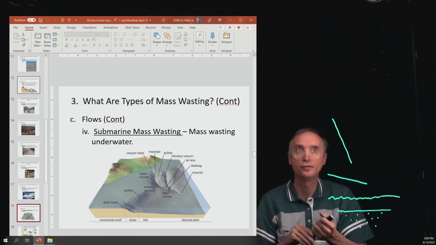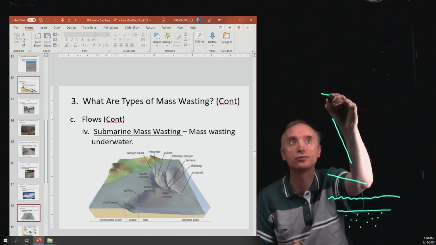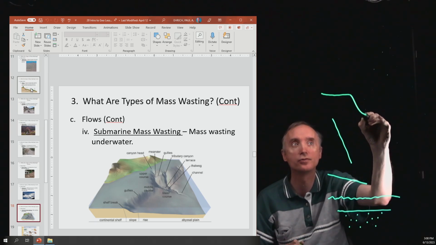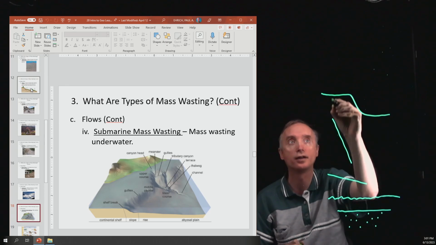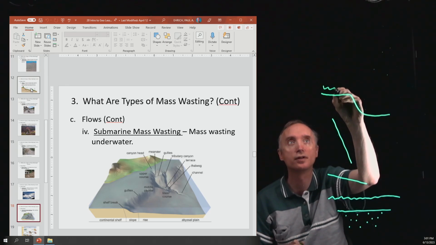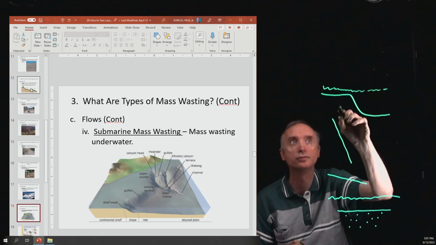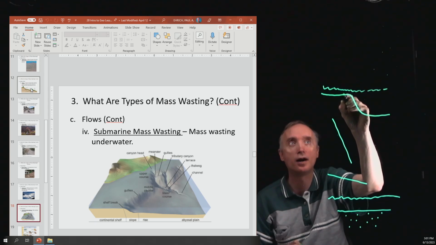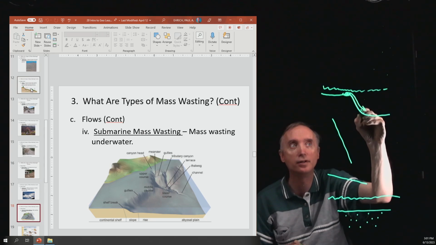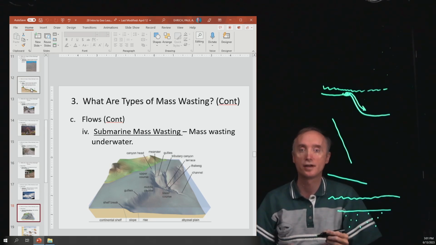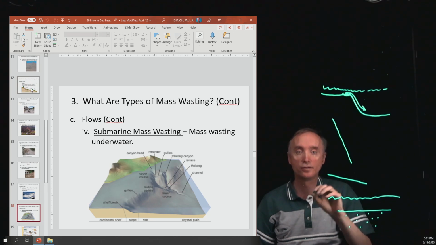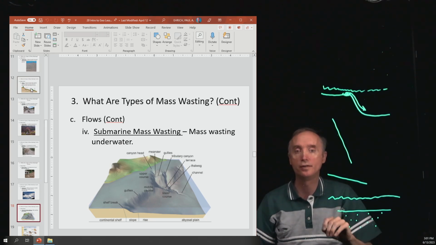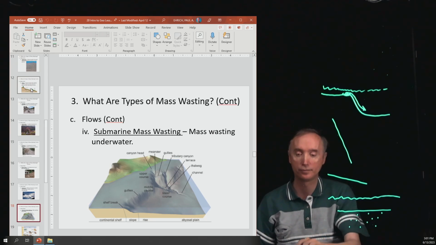If you have a continental shelf and then it goes off into deep water like this, so here's the surface of the ocean, materials can pile up right here, and then eventually they go downhill like that, and so that's submarine mass wasting. And you can see it can carve a valley the same way that a river can carve a valley on the surface of the Earth.